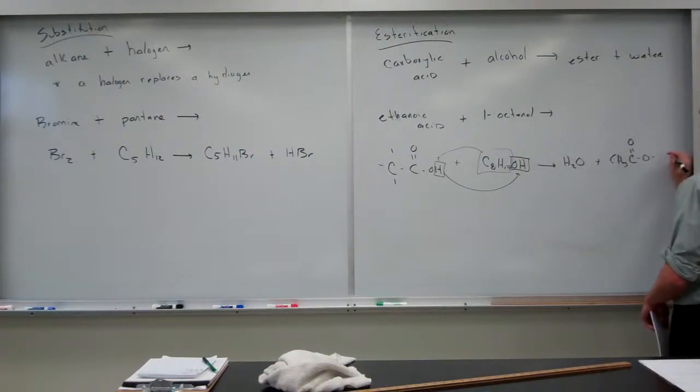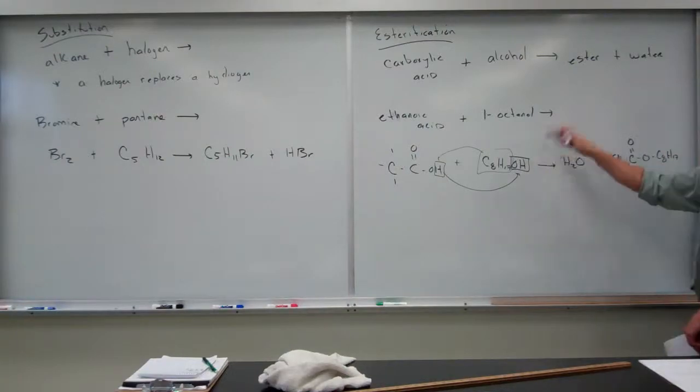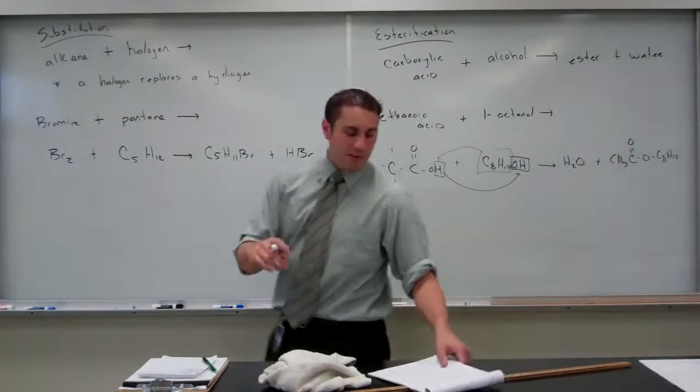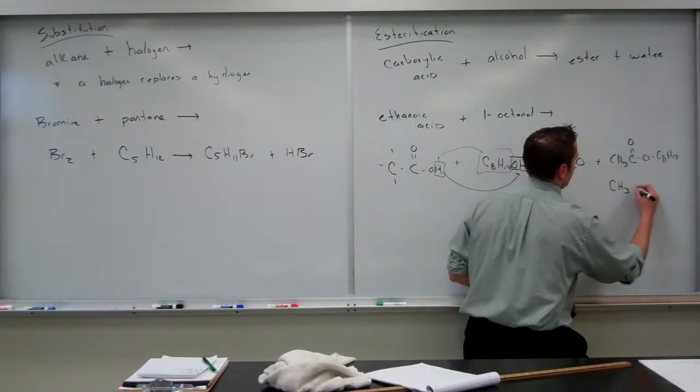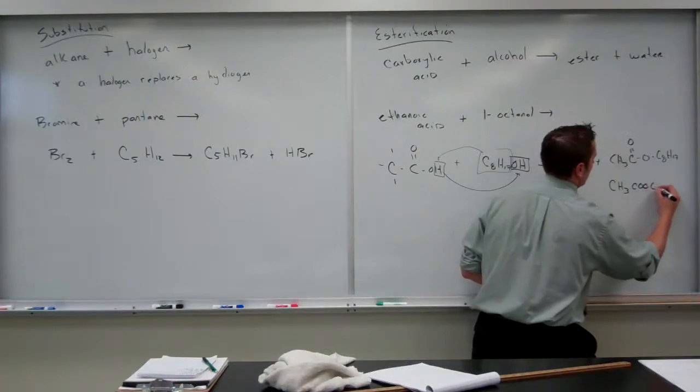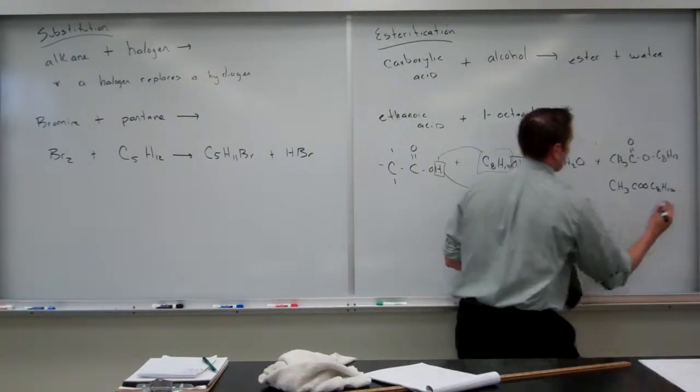So dash C8H17, and the OH is gone. And structural formulas would be perfectly fine for that. But sometimes this gets written CH3COOC8H17.